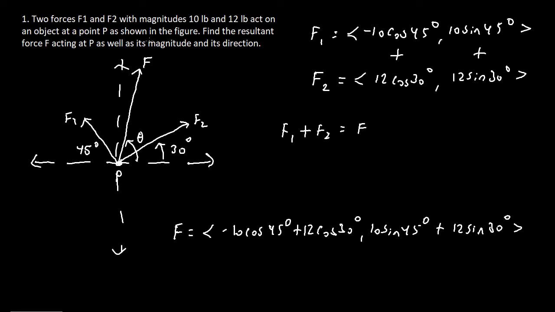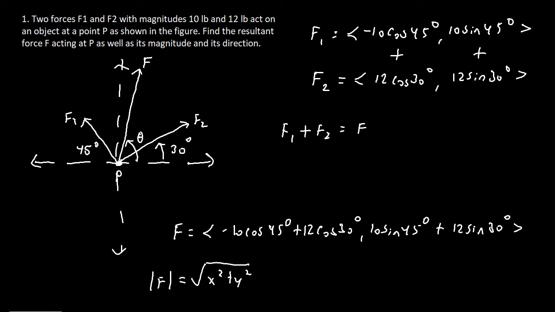Now, in order to find the magnitude of the resultant force, remember the magnitude is going to be equal to the square root of x squared plus y squared. So we can go ahead and just use a calculator and plug in these numbers. So basically I will take the square root of this x value squared plus this y value squared. And that will give us the final answer for the magnitude.